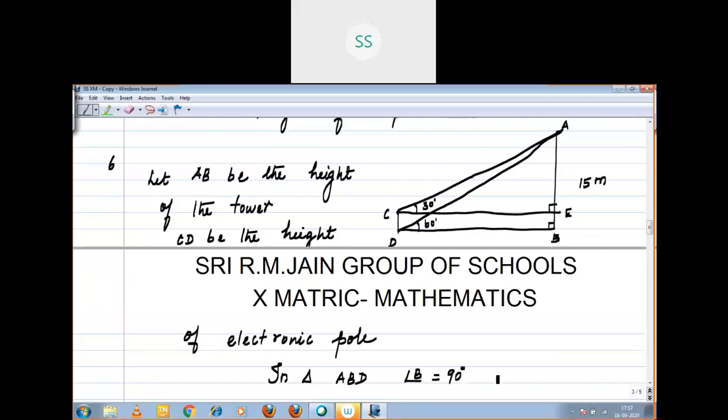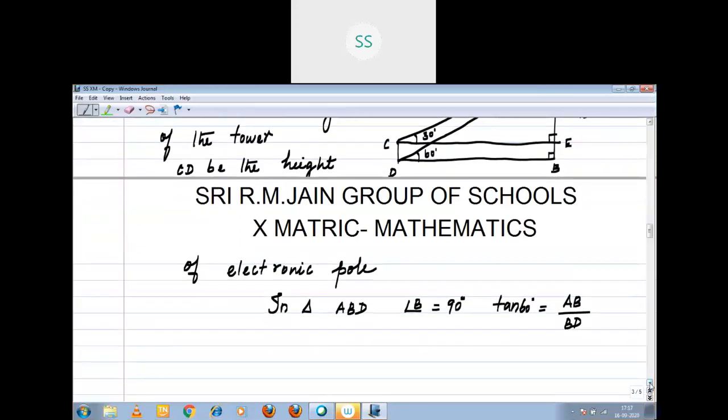Now in triangle, which triangle are you going to consider first? In triangle ABD, angle B equal to 90 degree, tan 60 degree equal to AB divided by BD.